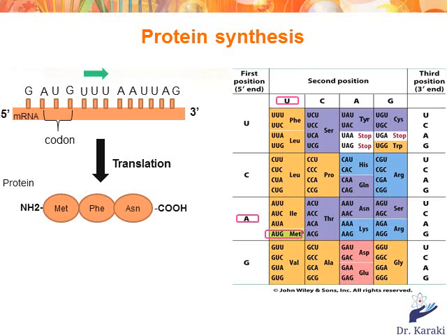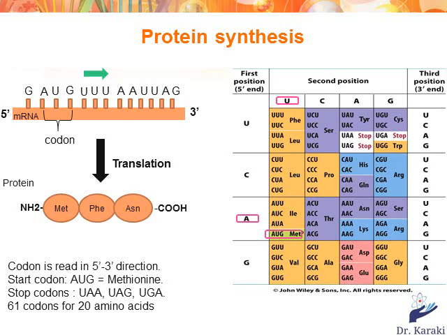Out of these 64 codons, only 61 codons represent 20 amino acids, and the remaining 3 represent the stop codons UAA, UAG, and UGA.